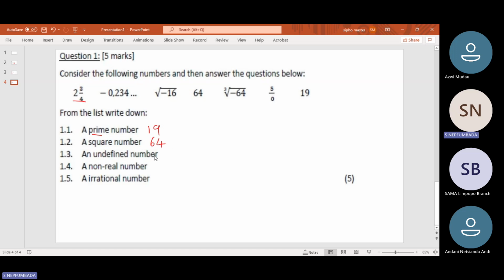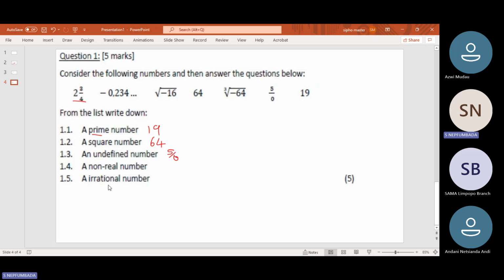Or we can say a square number is a number that can be written to the power of 2. If you press 64 equals on your calculator, then shift, fact, it will write 2 to the power 6, but you need to the power 2. Any number that you can put inside the square root and gives you an undefined number is 5 over 0.